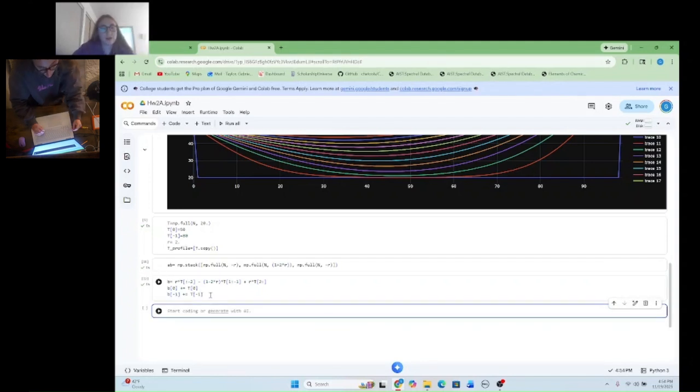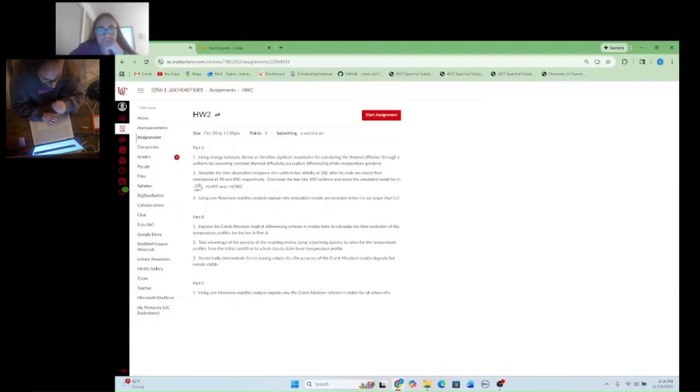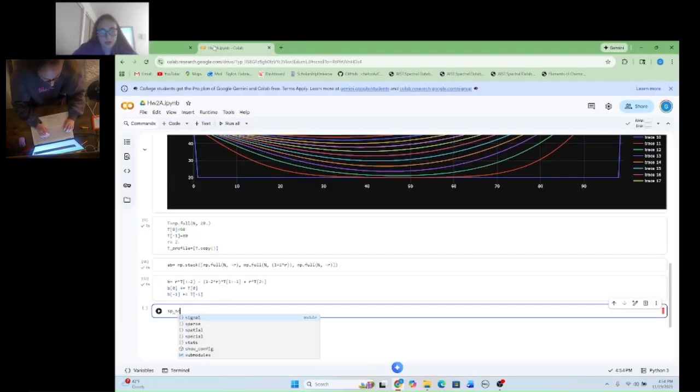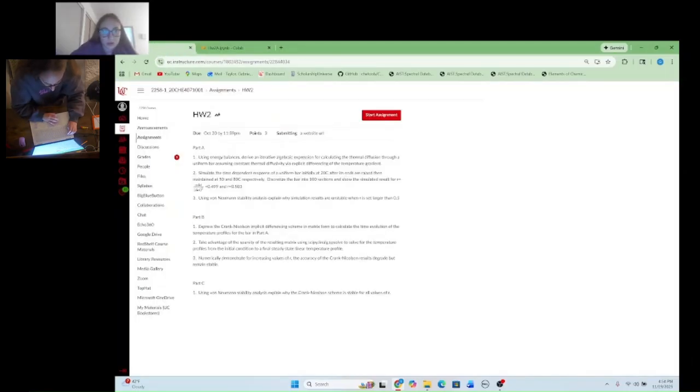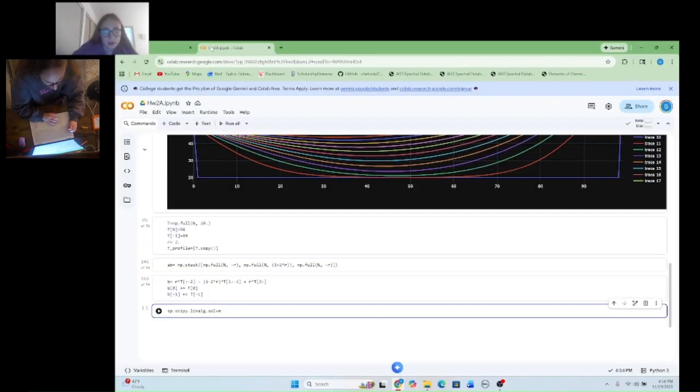Okay. So now we use the function that they gave us. Our function that they gave us was sp dot, it says it in here, so we're doing the SciPy linear algebra solve. SciPy dot linear algebra dot solve, okay. And then what do we want to solve?